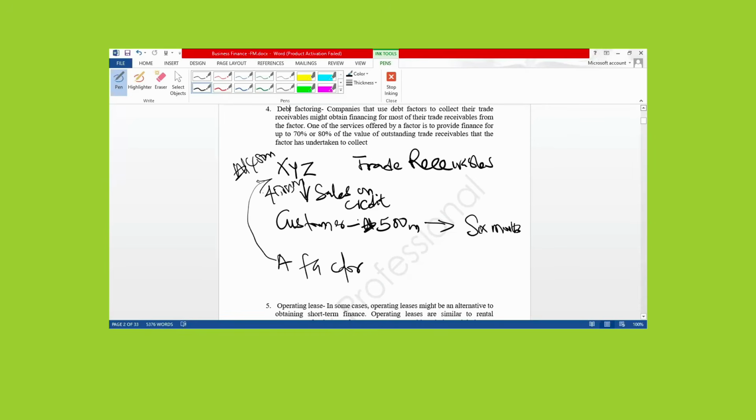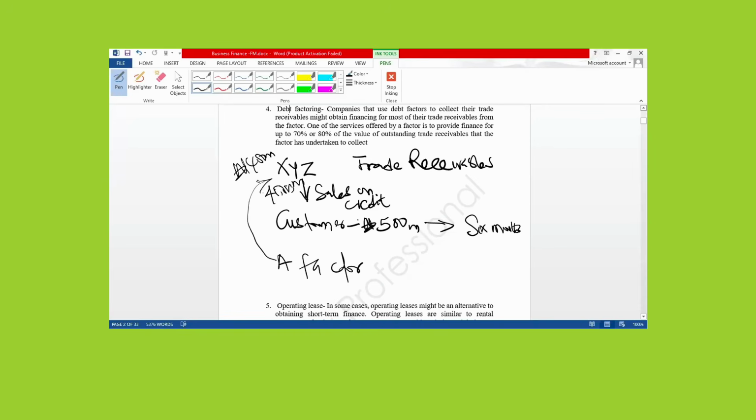But if the contract says with recourse, in that case, if the customer defaults, the factor will go back to the client to collect his 400 million. That is one.